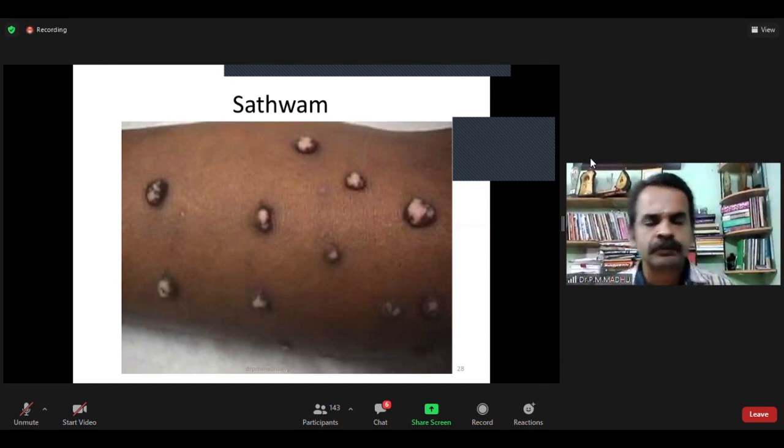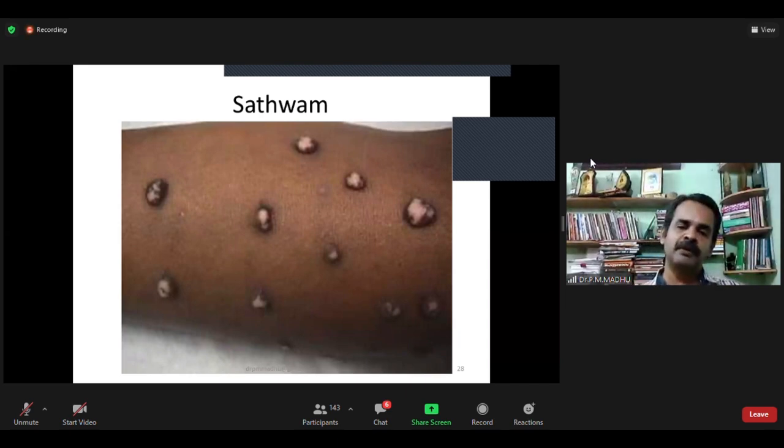You see, while discussing the diagnostic considerations in cutaneous manifestations, the role of sattva is very relevant. Sattva means the manasika bhavas inside the body. The manasika bhavas will trigger or cause some cutaneous manifestation. This is a case of prurigo nodularis.